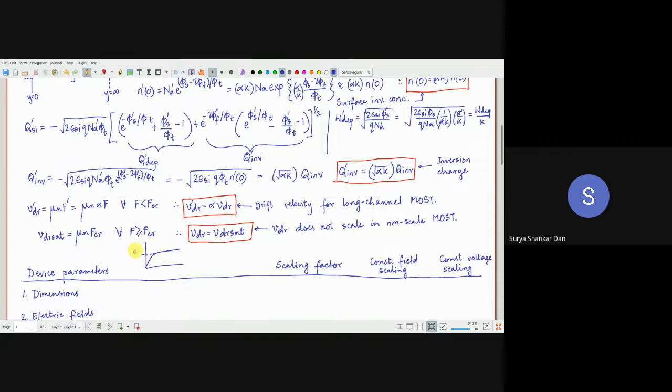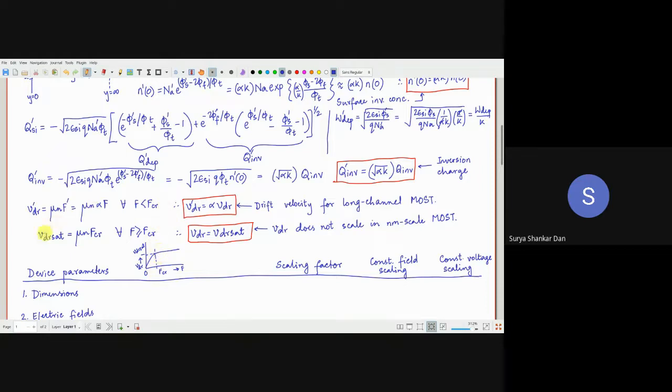This is your VDR sat, saturation drift velocity. This is the point, we will call it the F critical. This is the field. We have done that in more detail in our previous lectures.